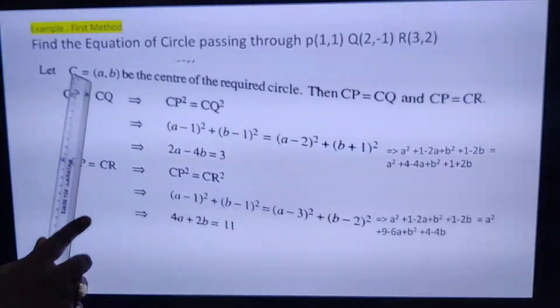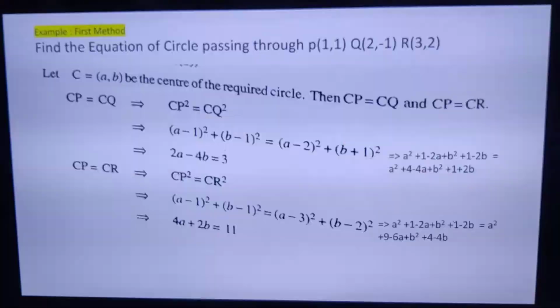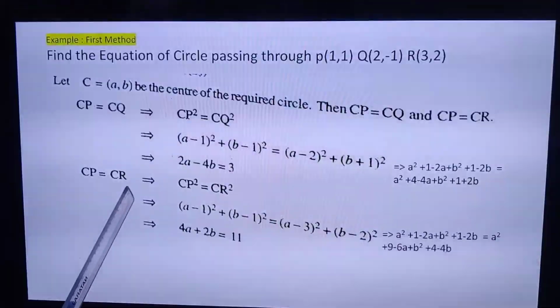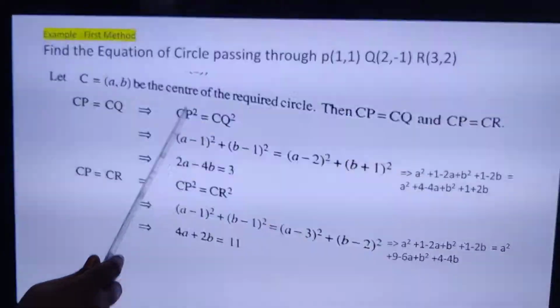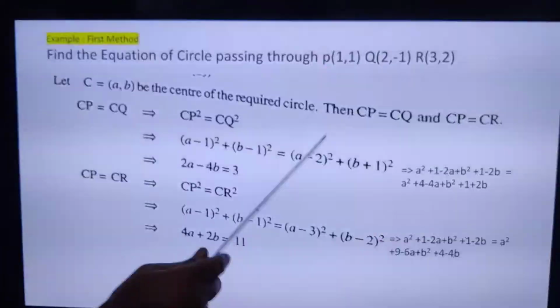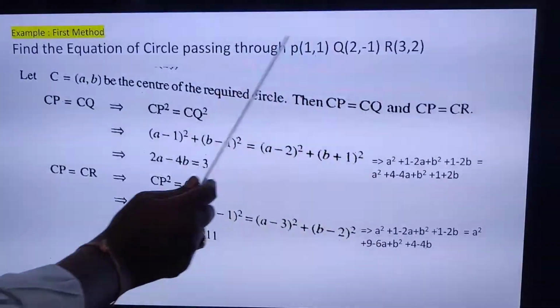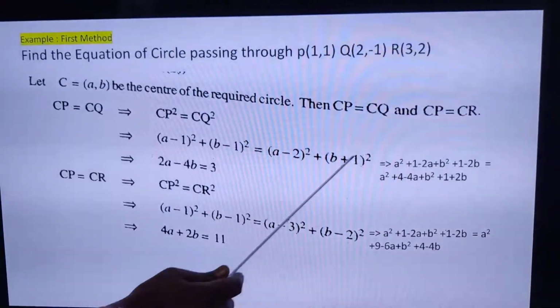Squaring on both sides, CP square is equal to CQ square. We use the distance between 2 points, x2 minus x1 whole square plus y2 minus y1 whole square. Then we get a minus 1 whole square plus b minus 1 whole square is equal to a minus 2 whole square plus b minus of minus 1, that is b plus 1 whole square.